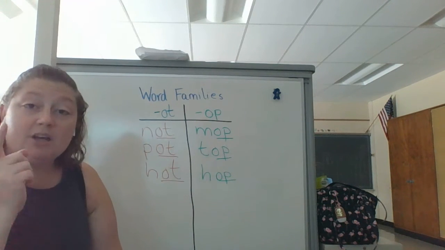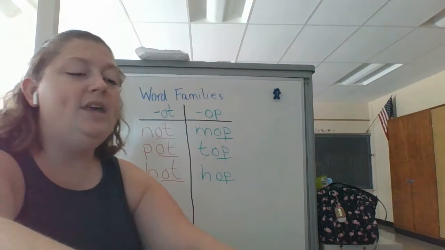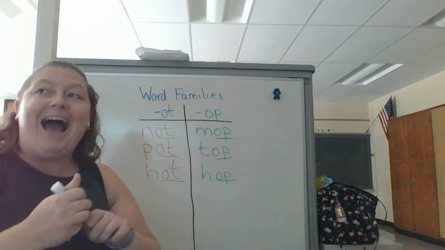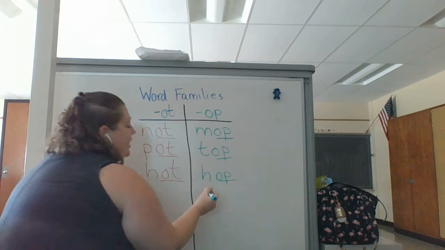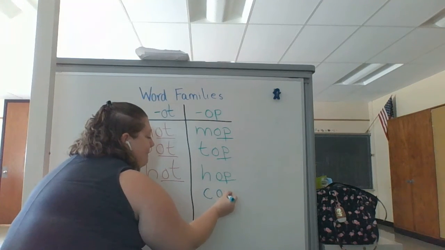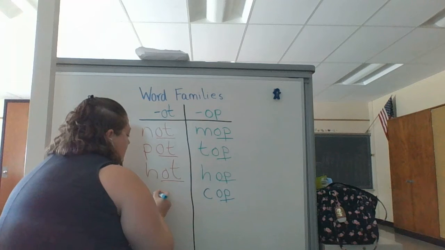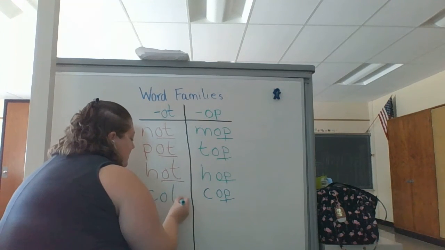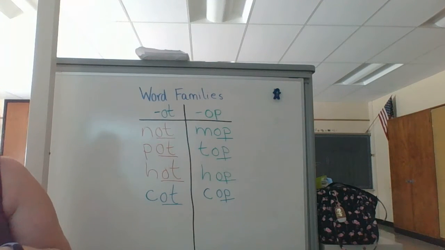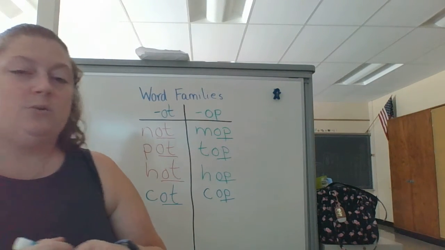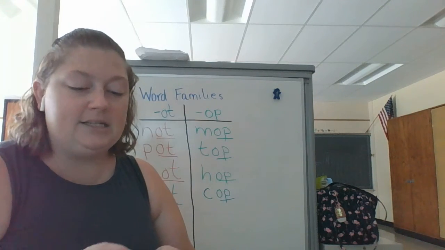Now, when we were using our thinking brains, we thought of the words cop and cat. So we had cop, cat. So if you think of other words that would go in our word family, go ahead and add them to your list when you are making it with your families at home.